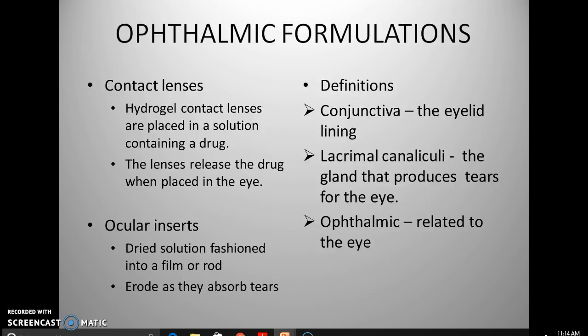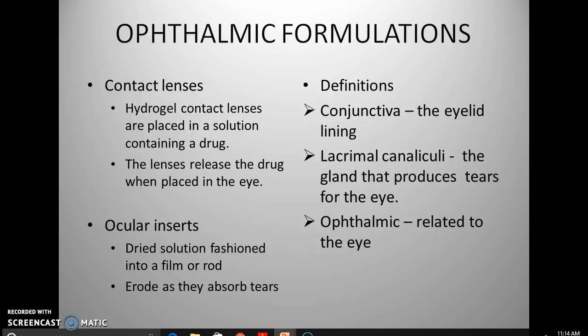Another thing that you should know about ophthalmic formulation is that sometimes you can have the medication associated with the contact lens, such as a hydrogel contact lens. Within those, the solution containing the drug is placed within the lens, or the hydrogel associated with the contact lens, and then the lens is placed on the eye, and the drug is released into the eye area.